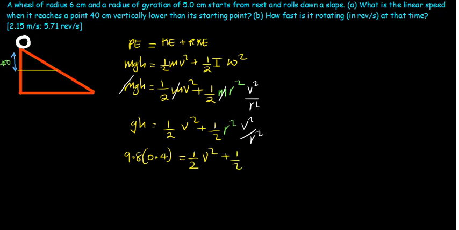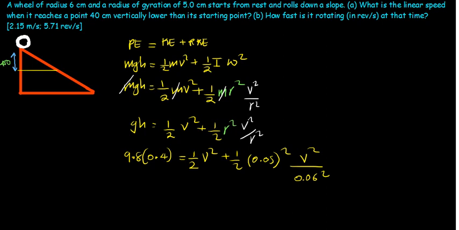This r in green is the r that you've substituted in the moment of inertia, and so we use the radius of gyration, and the radius of gyration has been given as 5 centimeters. Converting that to meters, just divide by 100. That is going to be 0.05, and that is squared. And then multiply by the velocity squared divided by the radius. Now this is simply the radius of the wheel itself, and that is 6 centimeters, which is 0.06 in meters.